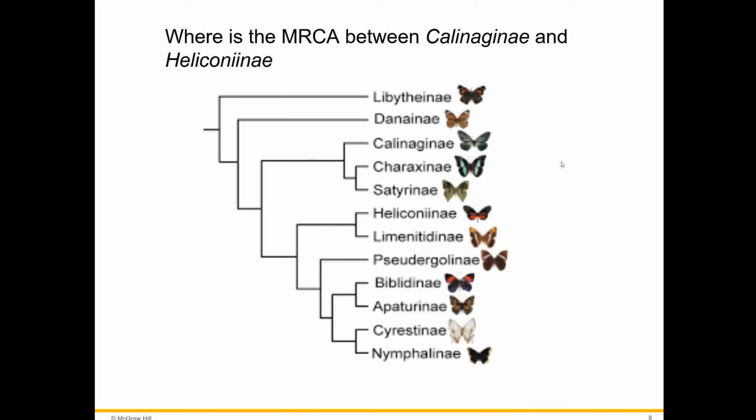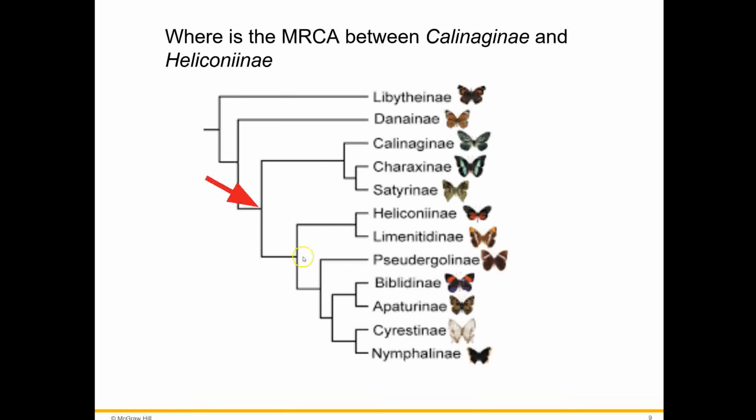Let's think about another one. Where is the most recent common ancestor between the Callinicrae and the Heliconiae? Here's Callinicrae, here's your Heliconiae. Where do these two tribes converge? Well, it's way back here. This is the first point that can lead to each of these.